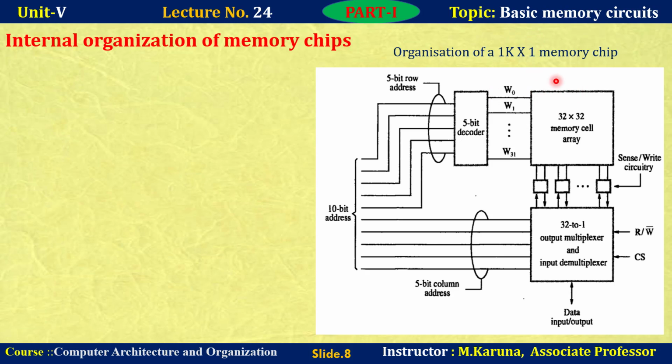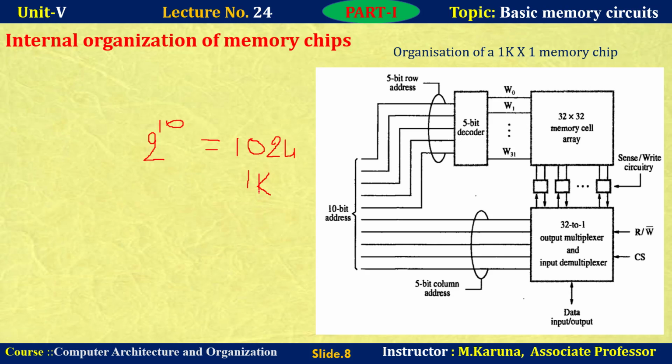Let us take one example, 1K. 1K means 2 power 10 equals 1024. Okay, 1K locations. That location may store 1 bit or 8 bits or 16 bits or 32 bits. So here 1K means 1K locations.